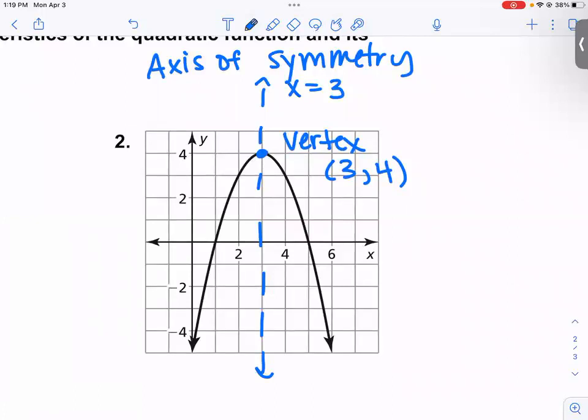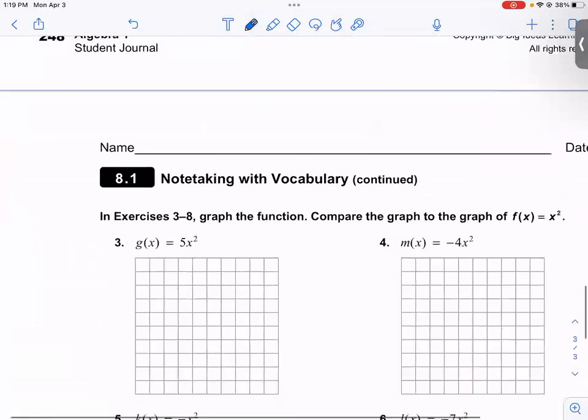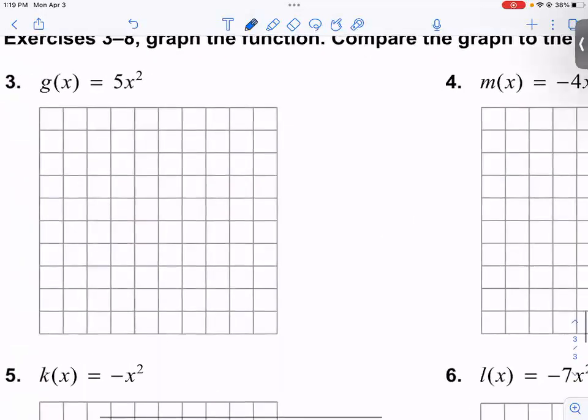Let's go to this next page. G of x equals 5x squared. Jaya, what do you think?